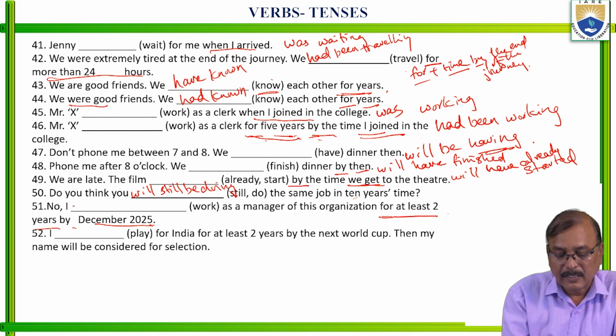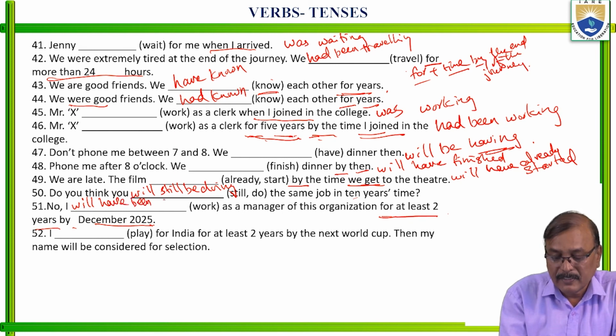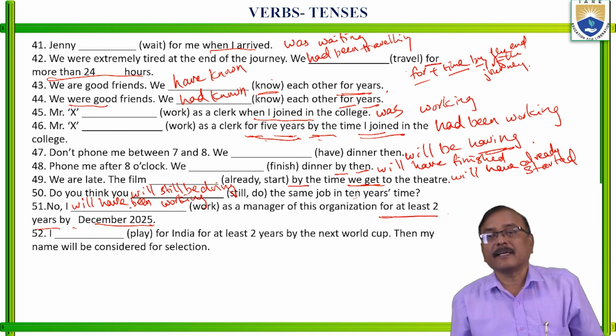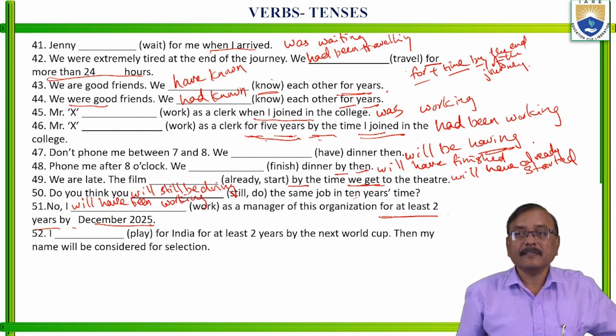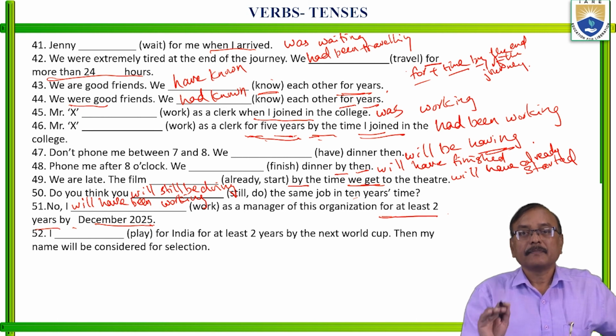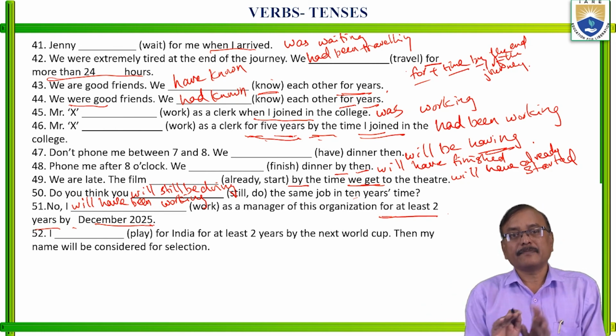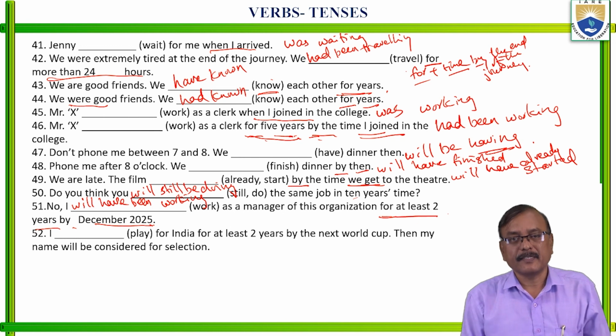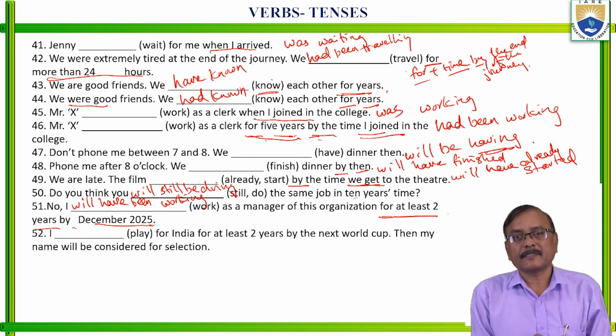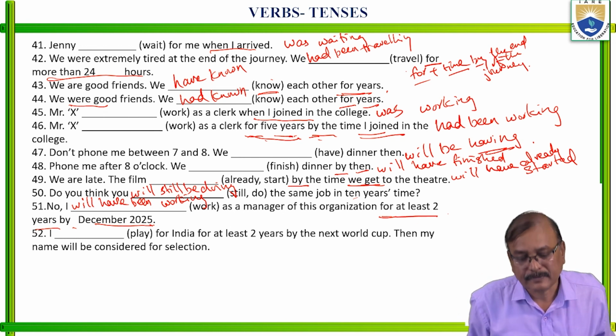I will have been working, or you can say I shall have been working as a manager of this organization for at least 2 years by December 2025. For plus time by future, future perfect continuous tense. For plus time by past, past perfect continuous tense. Just for plus time or since plus time, present perfect continuous. Okay?